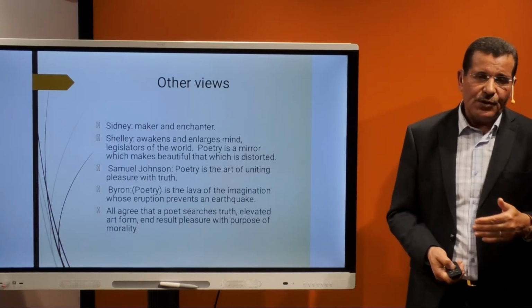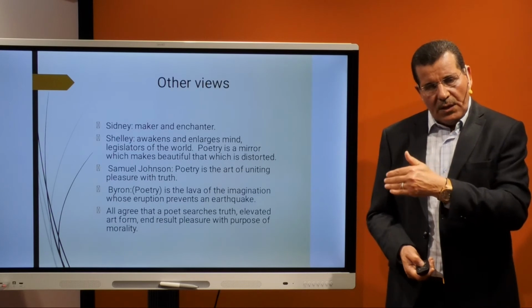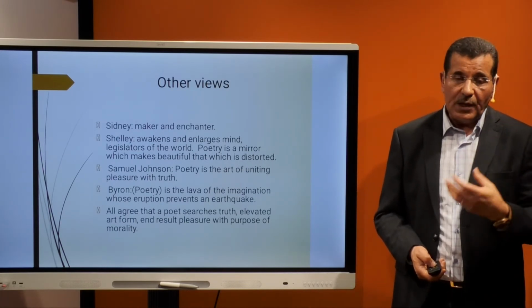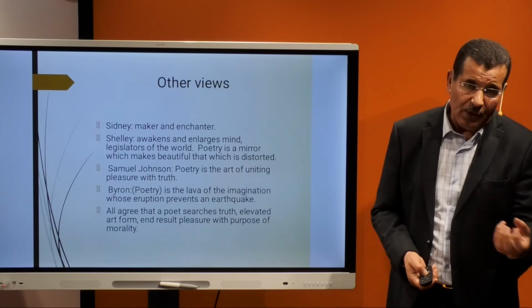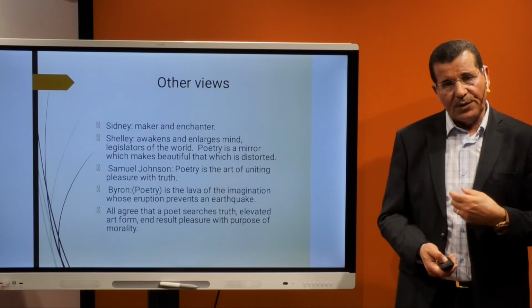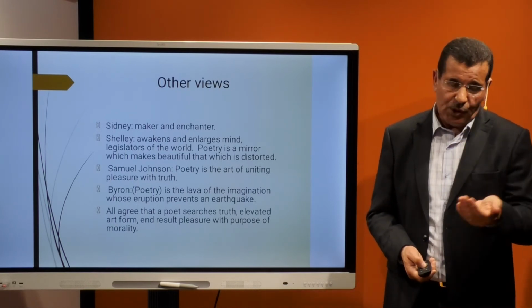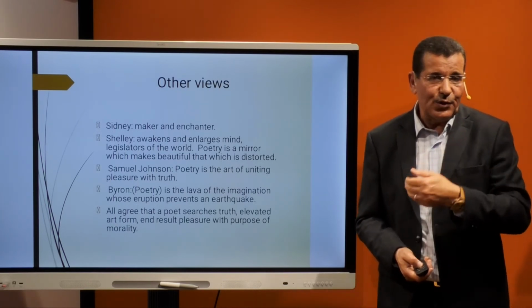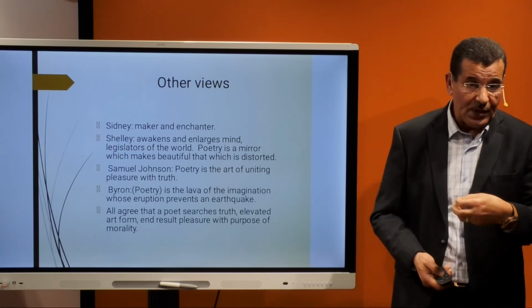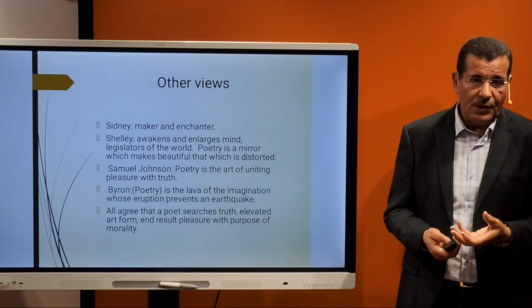Starting from the Greek philosophers, we move to the Dark Ages and the Middle Ages, where art was in the service of the church and there was condemnation of art because it is immoral, which goes with the Puritanical view, which goes again with Plato's view that art should be censored because it rouses the emotions.